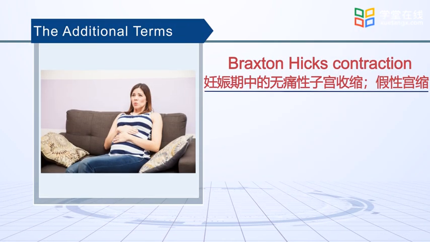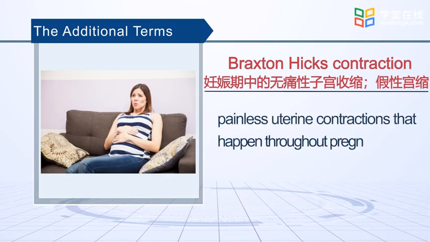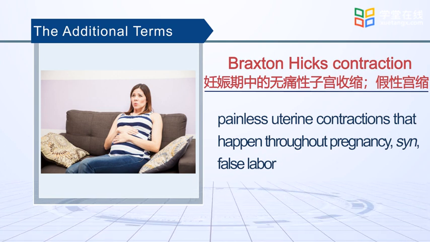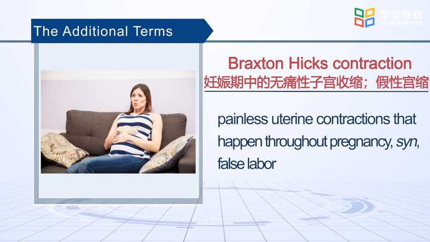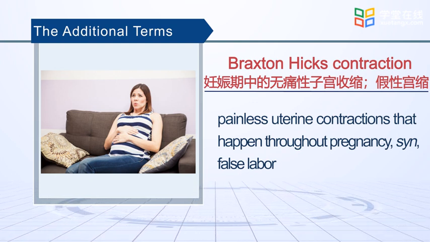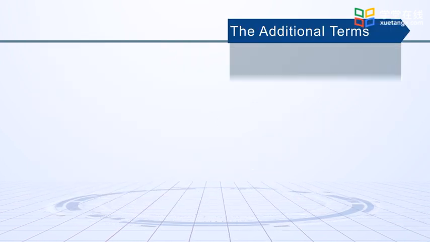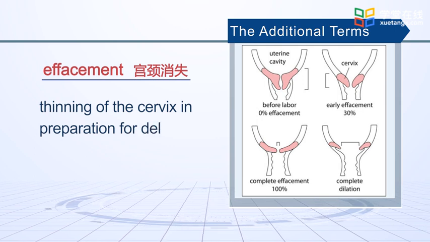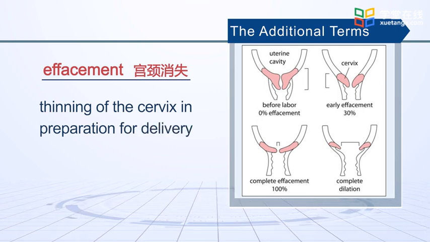Braxton Hicks contraction. It is painless uterine contractions that happen throughout pregnancy. It can also be called false labor. Effacement, thinning of the cervix in preparation for delivery.